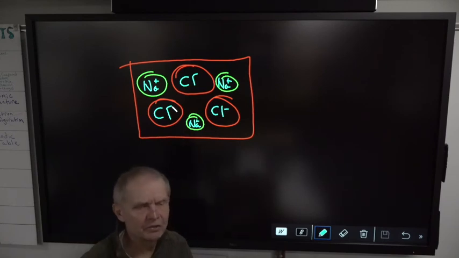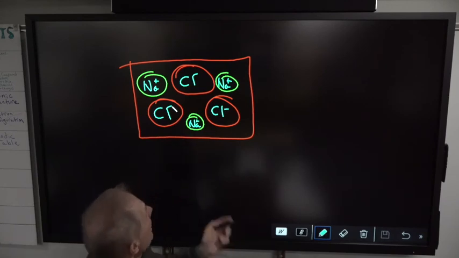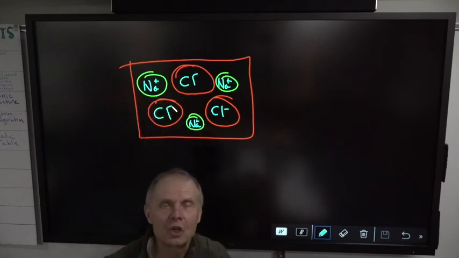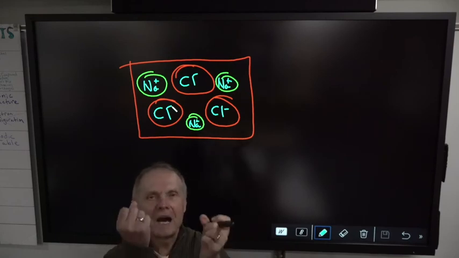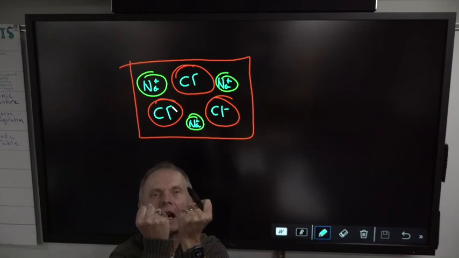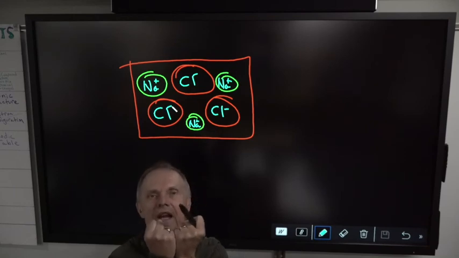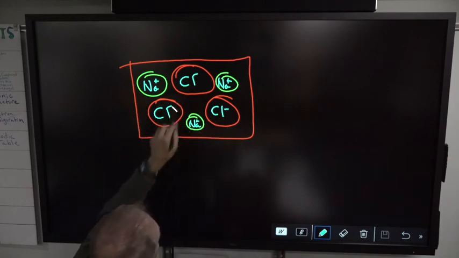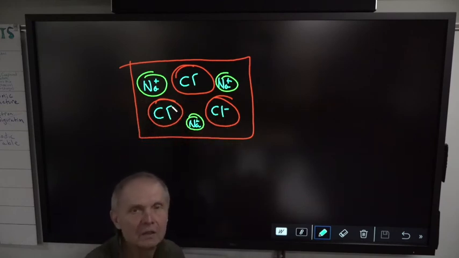So my question is, if there's a total transfer, what's holding the Na plus to the Cl minus? Well, it's called electrostatic attraction. It just means the positive metal is attracted to the negative nonmetal, and that's what keeps them together. Okay, so this is a crystal of NaCl.